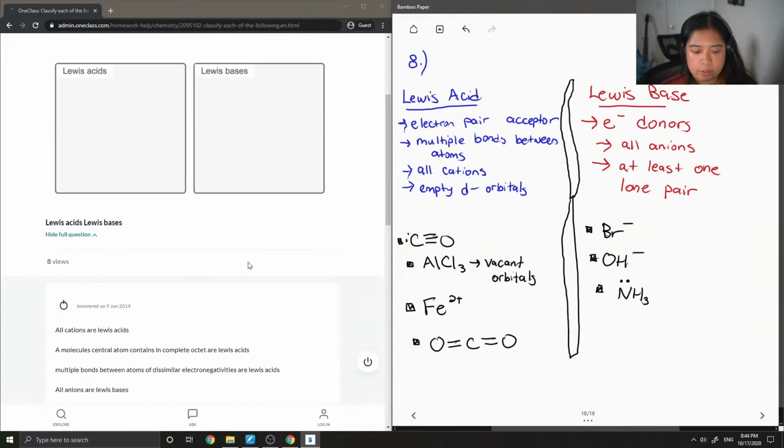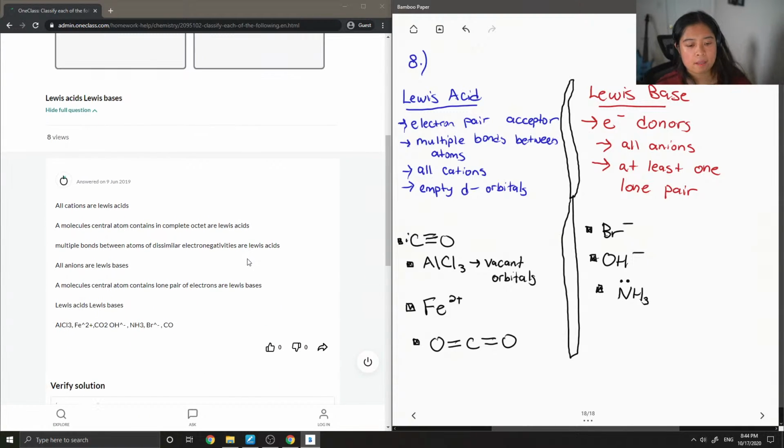Let's see what the junior tutor said. All cations are Lewis acids. A molecule's central atom contains complete octet are Lewis acids.